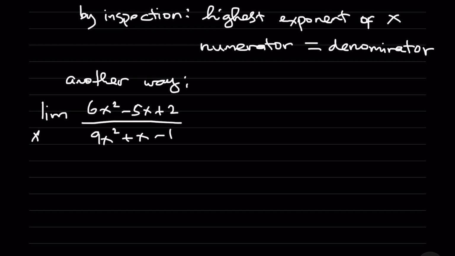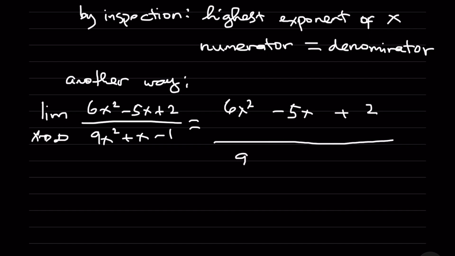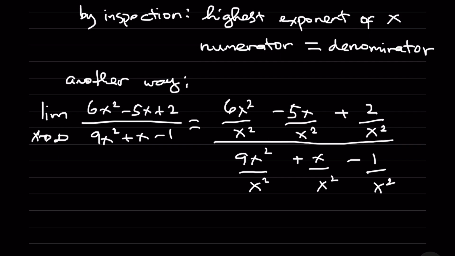But of course, the other way is to divide each term by the highest exponent of x, or by x raised to the highest exponent, which is x squared. So that is what we're doing now. So 6x squared divided by x squared and so on.